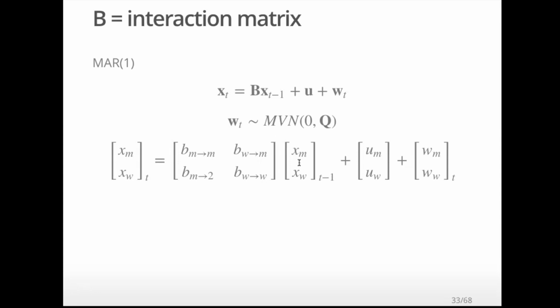Right here. And then this is the moose and the wolves in the previous time step. So you would imagine that the effect of the wolves on the moose should be negative, and the effect of moose on wolf should be positive.